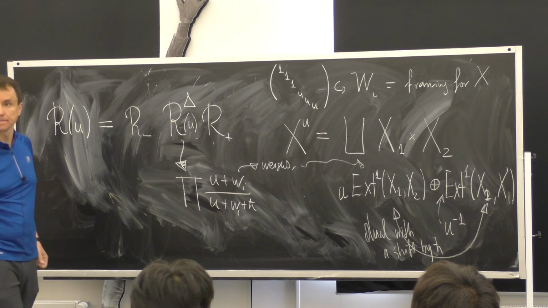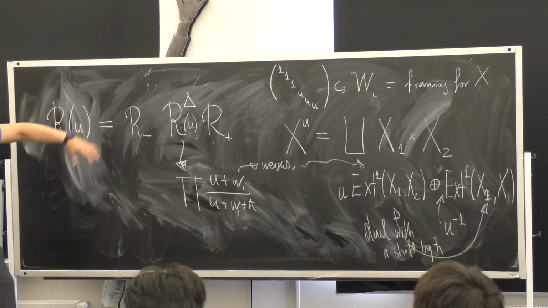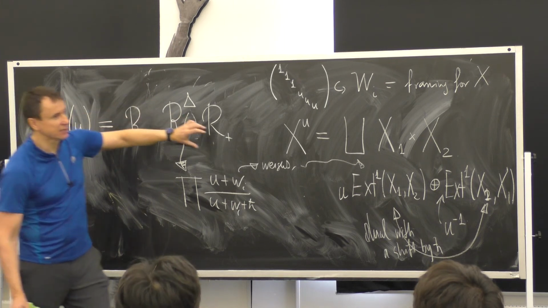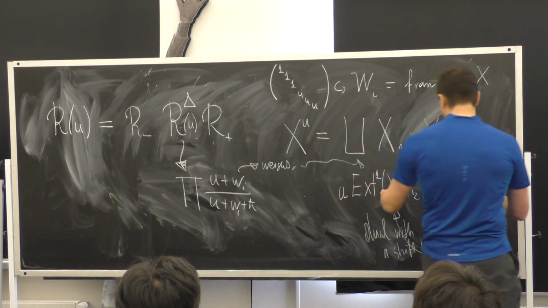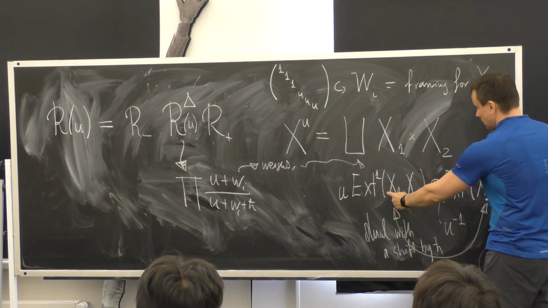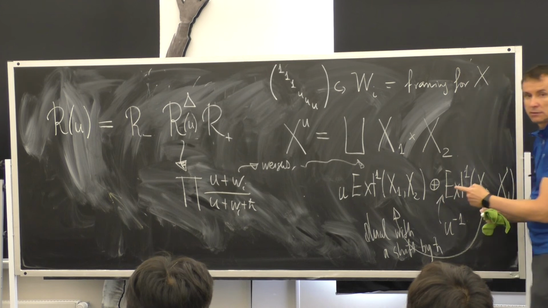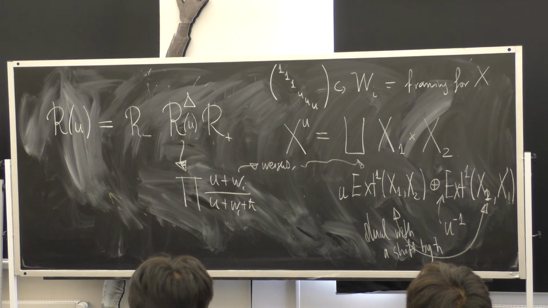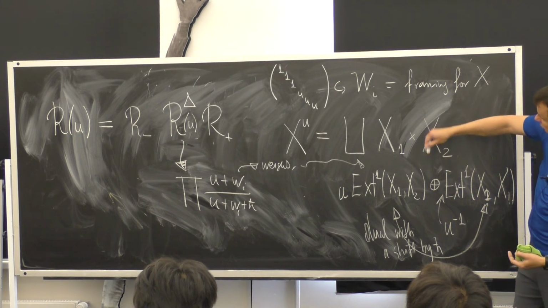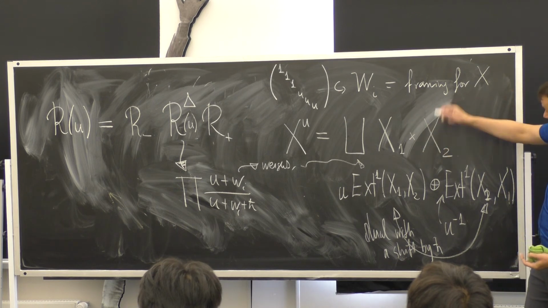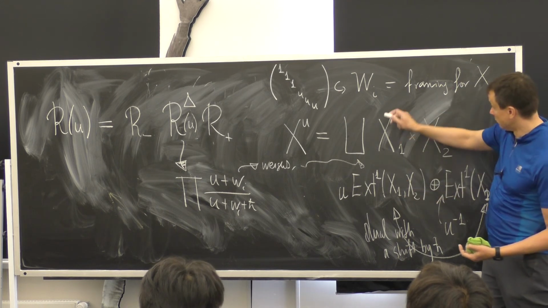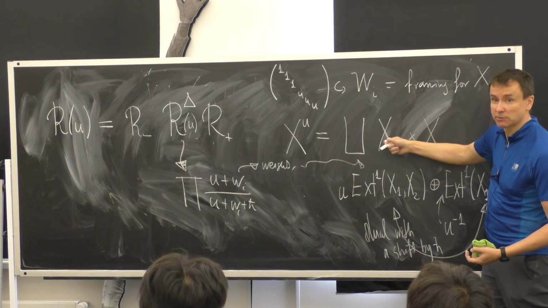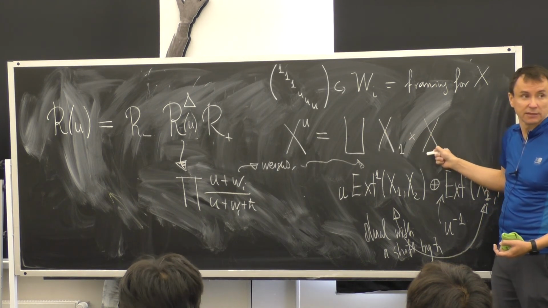Okay. And now when we take matrix elements of the R matrix, we fix what's going on in one of the spaces and look at the other. The way the R matrix acts on X2 is by taking some matrix element in X1 and seeing what it does as an operator in the other.